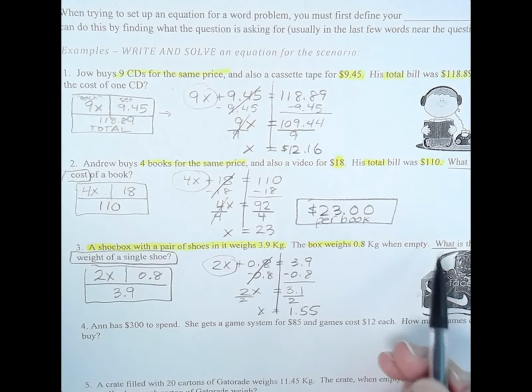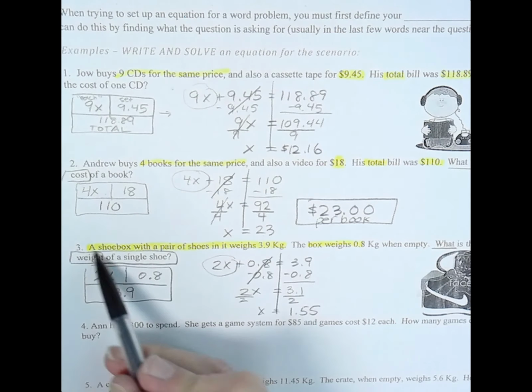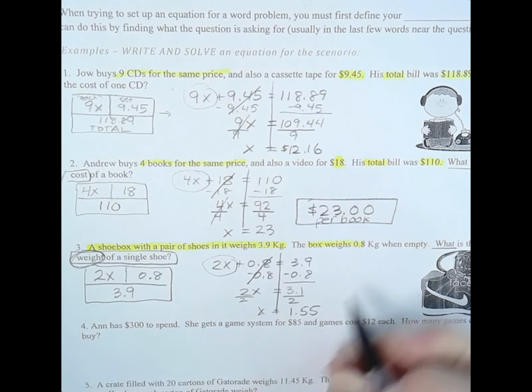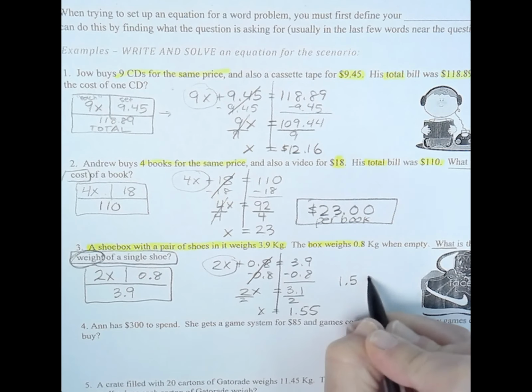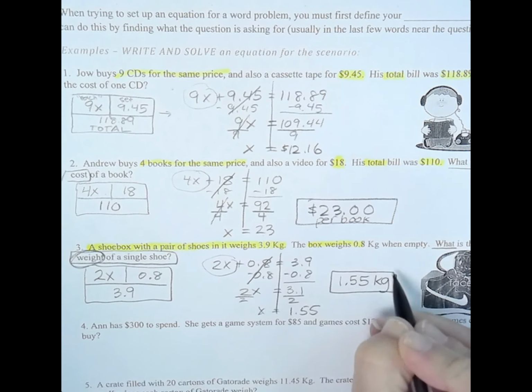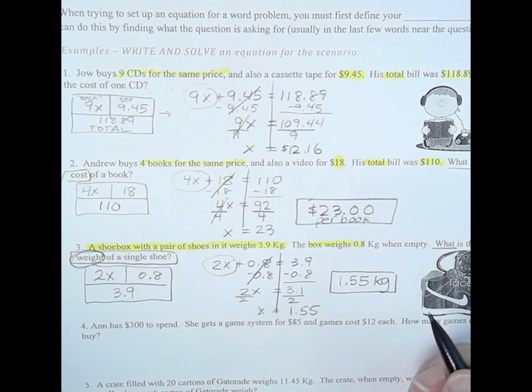And again, remember, the question was what is the weight of one shoe? It's tempting to put a dollar sign there, but that is a weight in kilograms. Okay, so you can see they use kilograms in that problem.